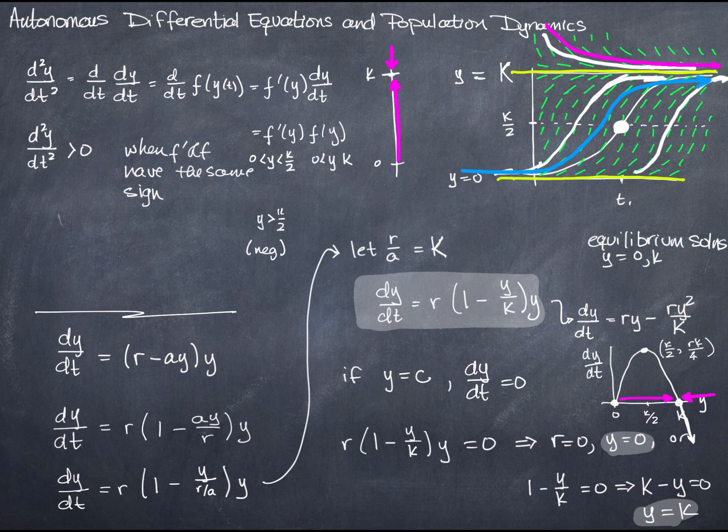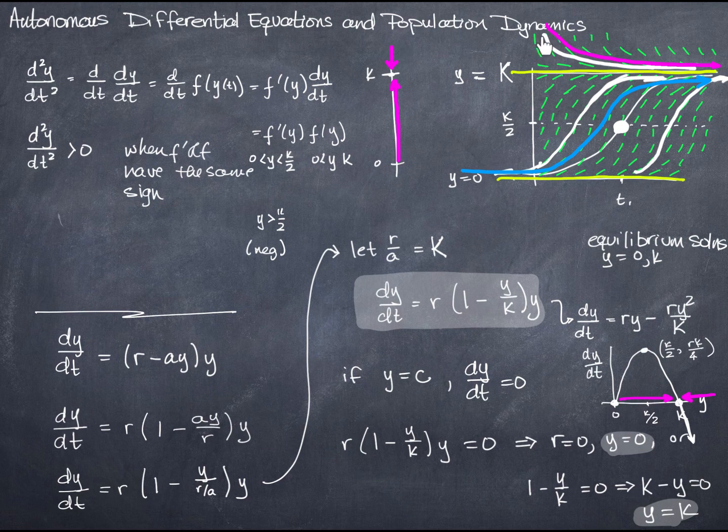What's particularly interesting to me about this model, though, is that if you start with a population above the carrying capacity, in other words, if a field can sustain a population of deer as long as the population is less than 100, and you drop 150 deer into that field, there's not going to be enough food.